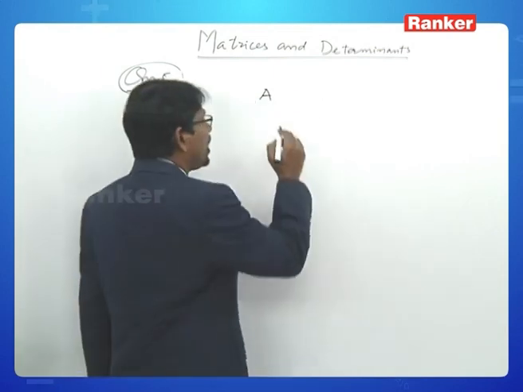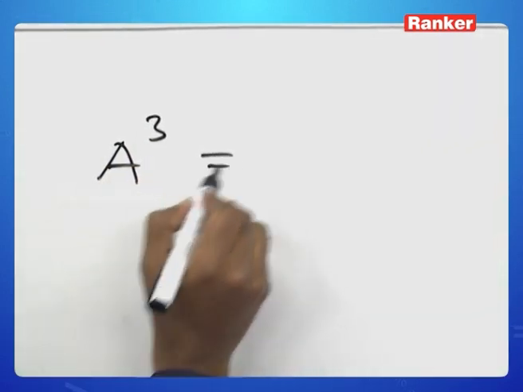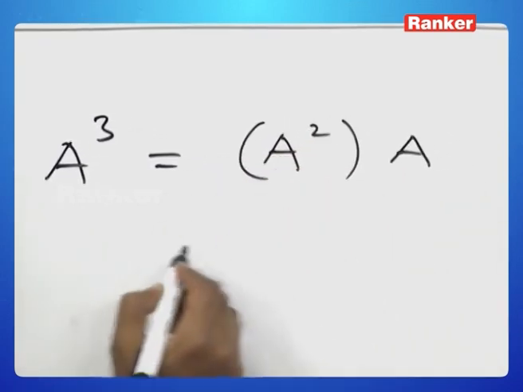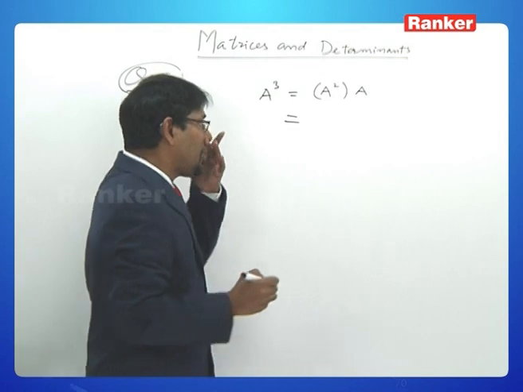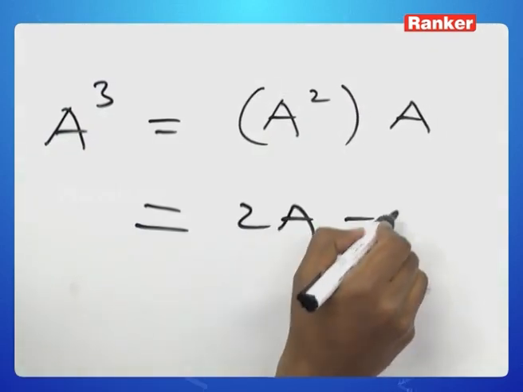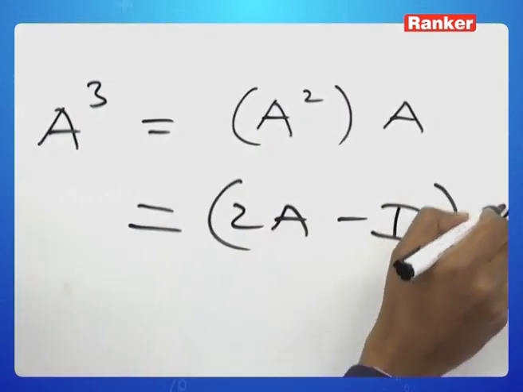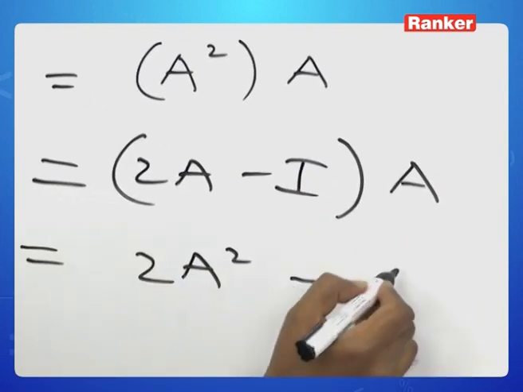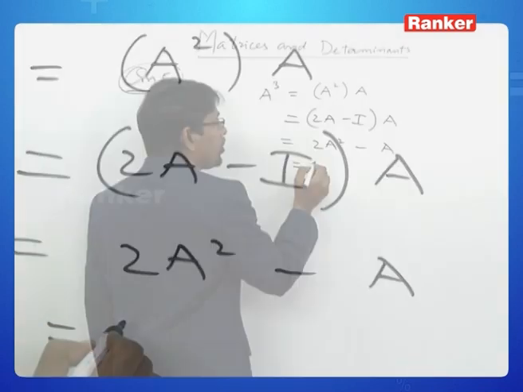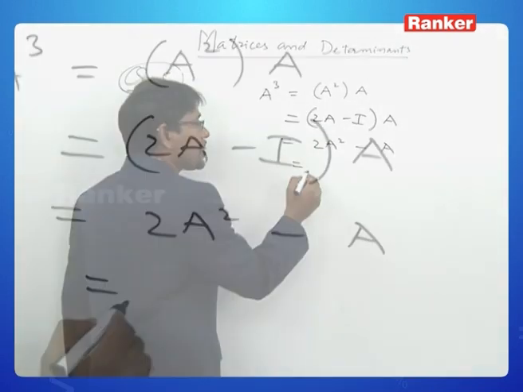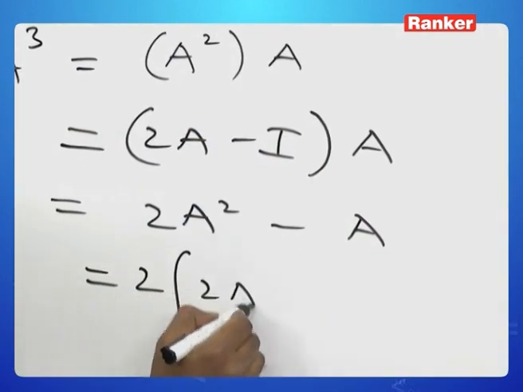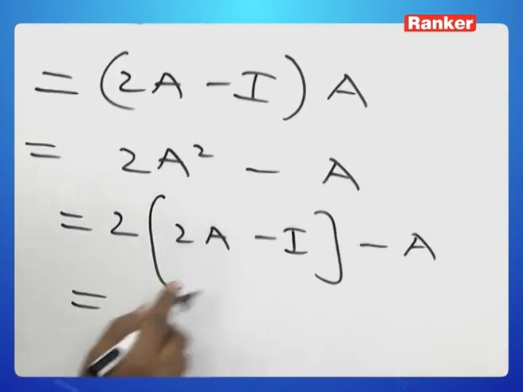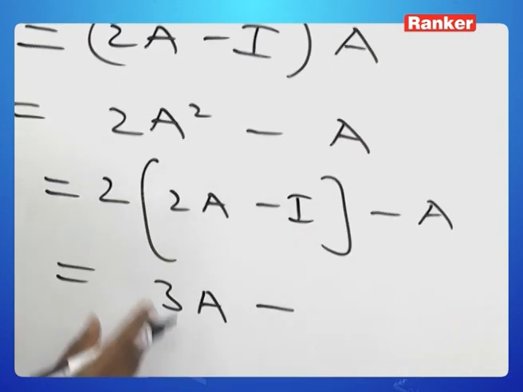So let's verify. Let's go for A cube. What is A cube? A square into A. But what is A square? We know 2A minus I. So (2A minus I) into A. What is that again? 2A square minus A. But what is A square again? 2A minus I. So 2 into (2A minus I) minus A. So what does that make it? 4A minus A, that is 3A minus 2I.